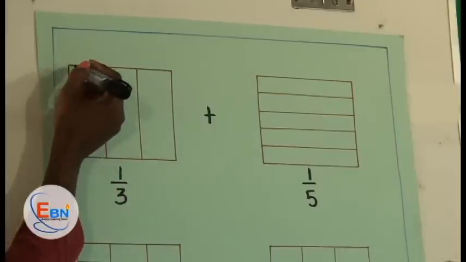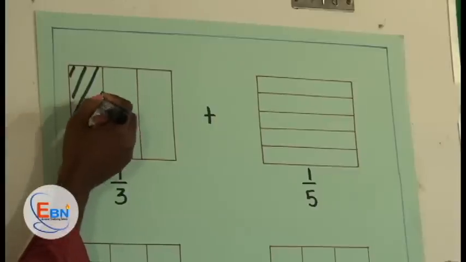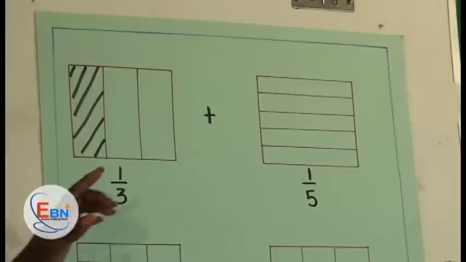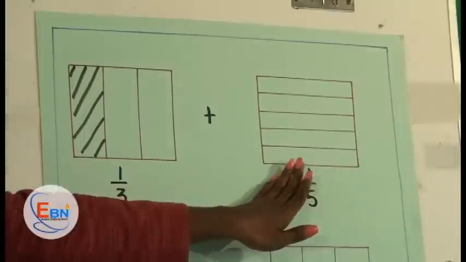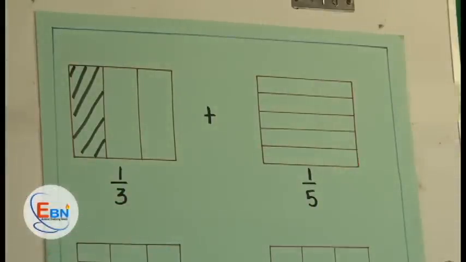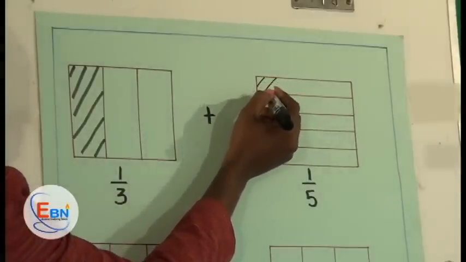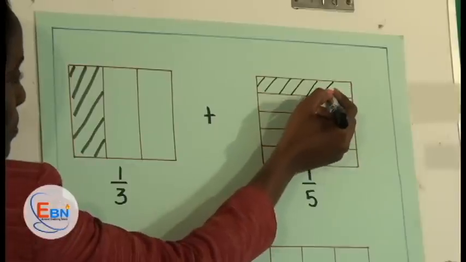A third is one of the 3 equal parts highlighted. Over here, we have this diagram equally divided into 5 parts. A fifth would be one of the 5 parts shaded.